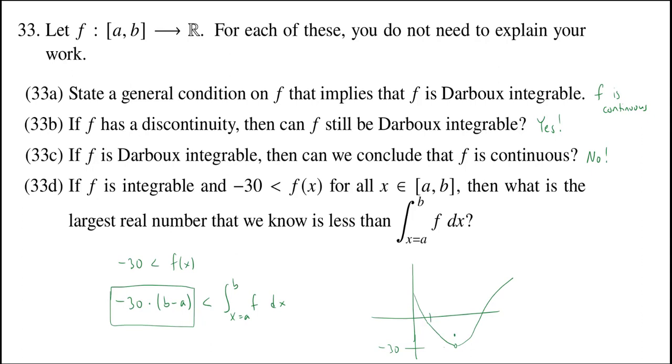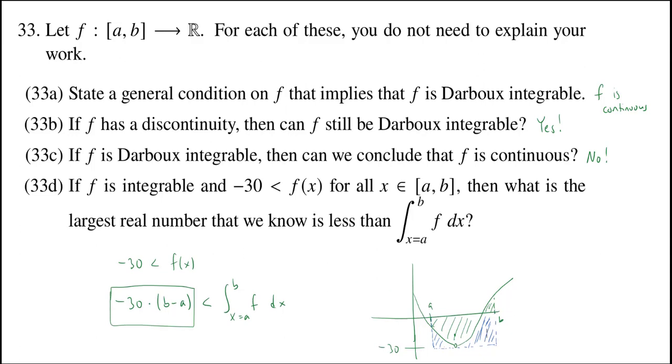And I want to go from A to B. Then when I compute the integral, if instead of the actual integral, I just use a rectangle like this, I'm definitely getting some value, very, very negative, and so it's going to be less than what I'd get if I integrated f. That's the idea here.